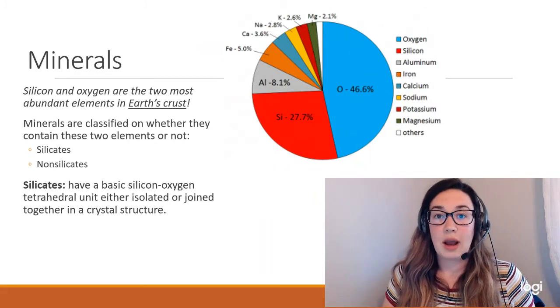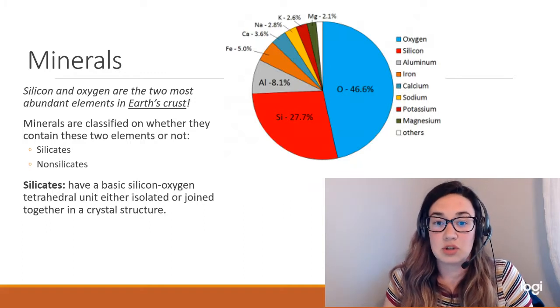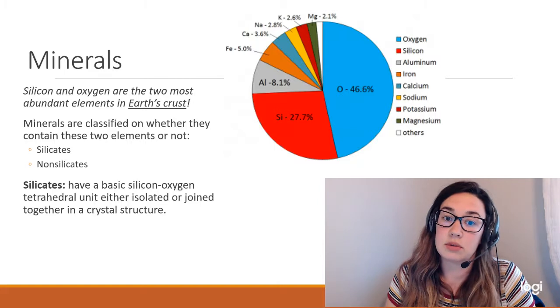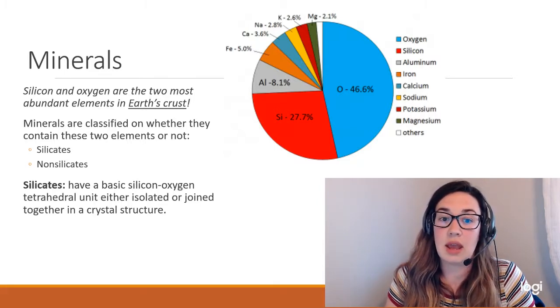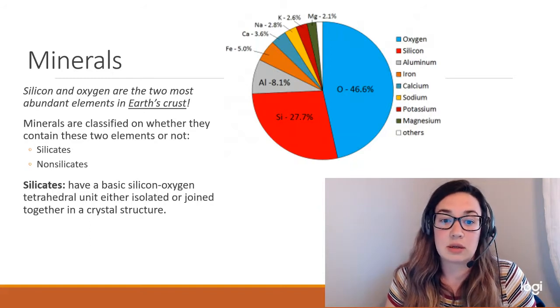And one thing about minerals here is that silicon and oxygen are the 2 most abundant elements in Earth's crust. And so we know that silicon is a type of mineral, and they are classified in 2 different ways.